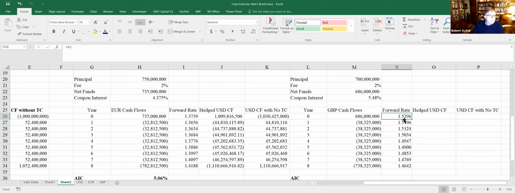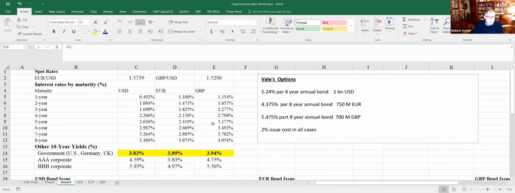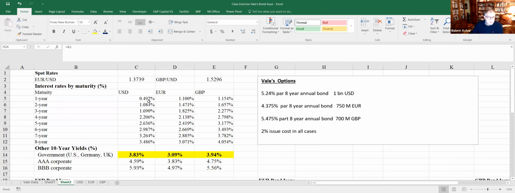As you can see in here, the dollar is appreciating because if you look at the relative interest rates, dollar interest rates are almost every year lower, although the wedge is getting smaller and smaller.